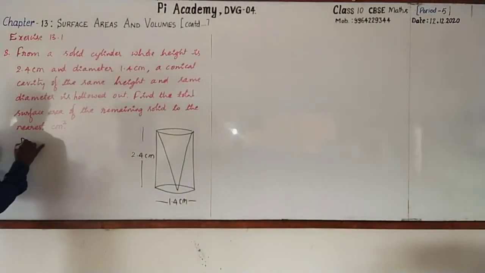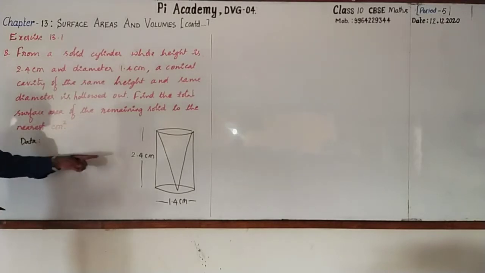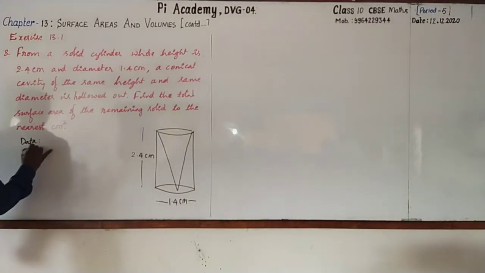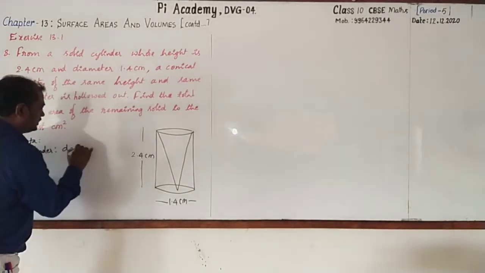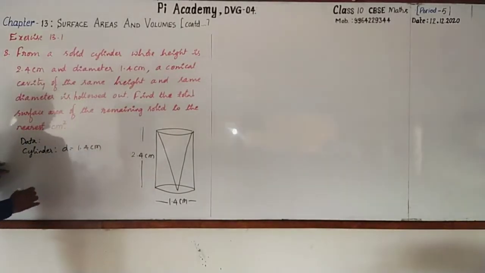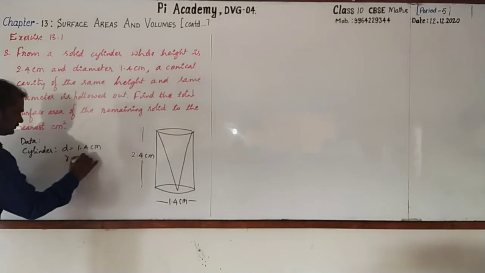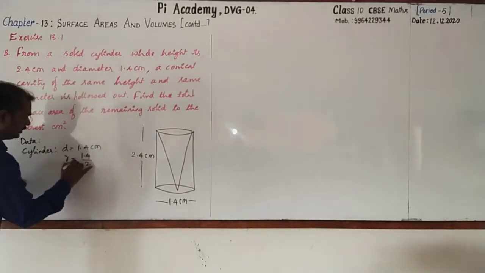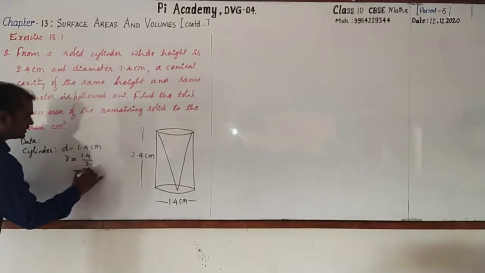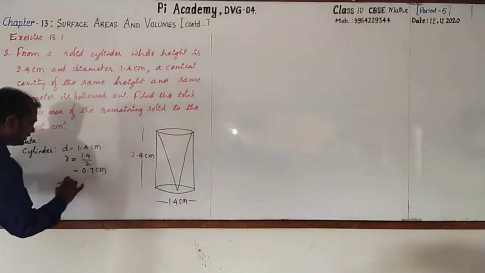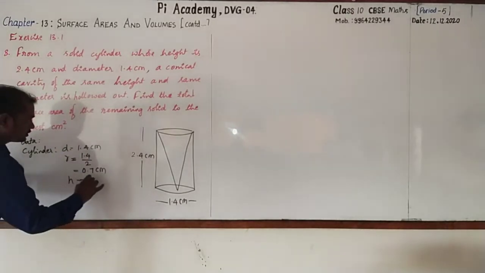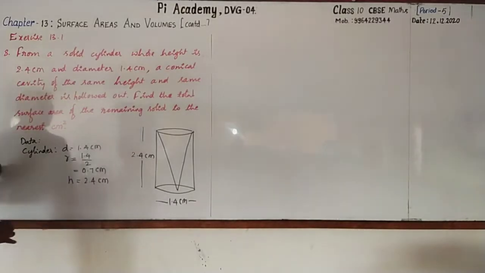Please observe. With respect to the cylinder, what has been given? Diameter, it is 1.4 centimeter. Then what will be the radius? 1.4 by 2, it is nothing but 0.7 centimeter. Next, height has been given. How much? It is 2.4 centimeter.